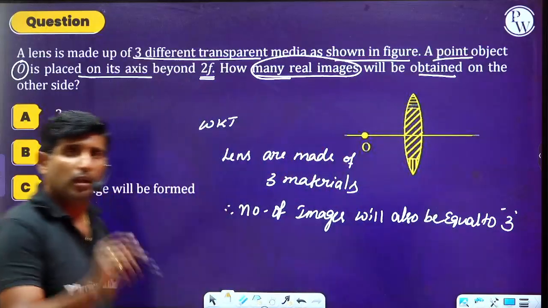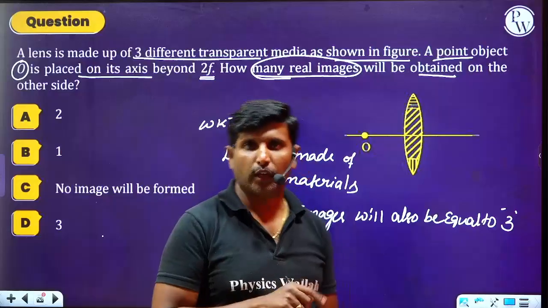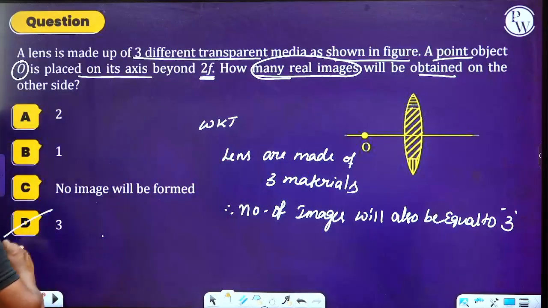Is it clear? If the lens is made up of n number of materials, then the number of images will also be equal to n. Hence we can select option D as the right answer. So move on to the next one.